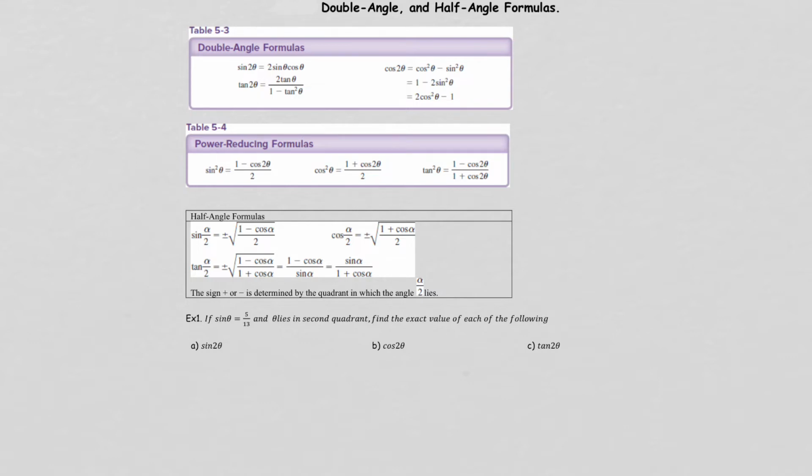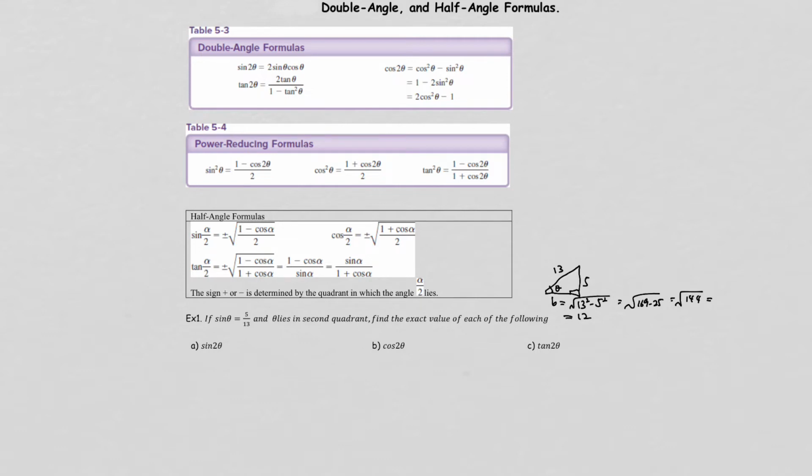So let's look at the angle. For theta, your sine is 5/13. So 5 here, 13 there. If we want to find the other side b, 13 squared minus 5 squared, that's 169 minus 25, which is 144, so b is 12.